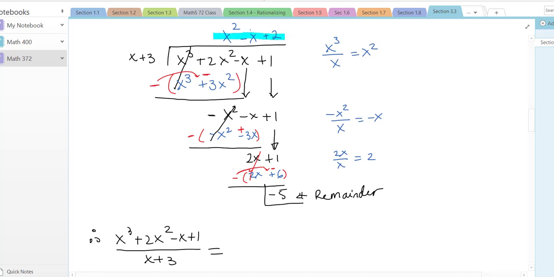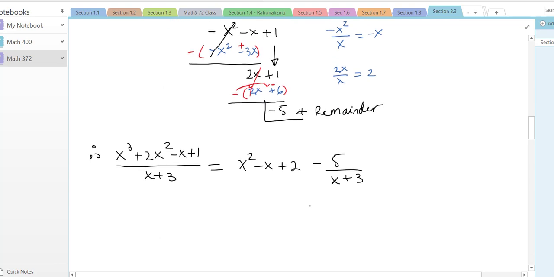So this is the quotient. So I'm going to get the quotient x squared minus x plus 2, and then the remainder. So we have minus 5 left over from x plus 3. So it'll be minus 5 over x plus 3.